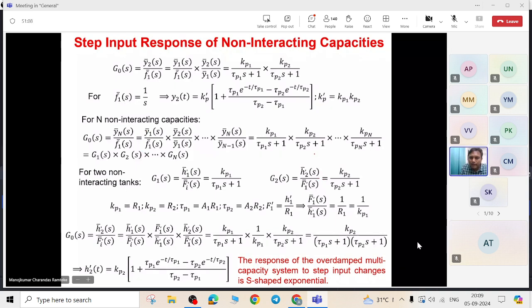H2 dash S divided by Fi dash S will be given by Kp2 divided by tau P1 tau P2 S square plus tau P1 plus tau P2 multiplied by S plus 1. This is the term I'm going to get. Do you all agree with me or not?